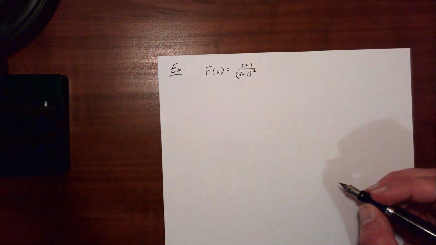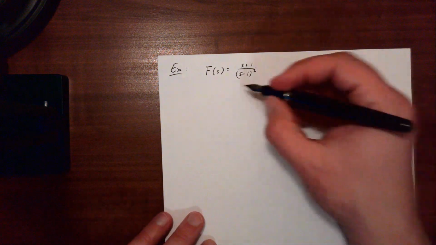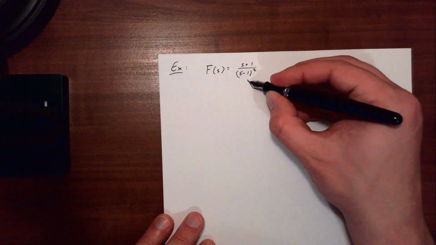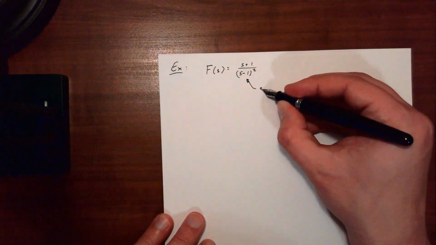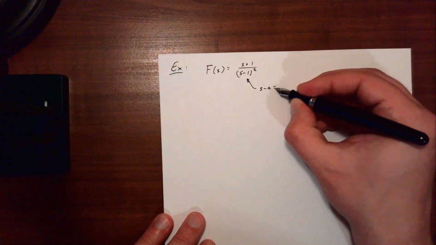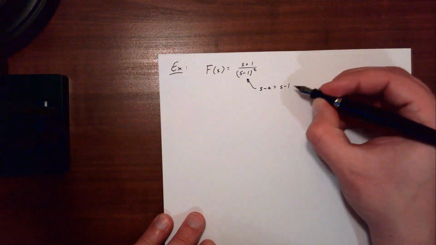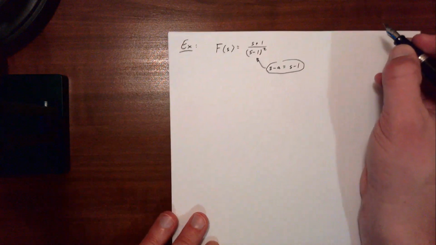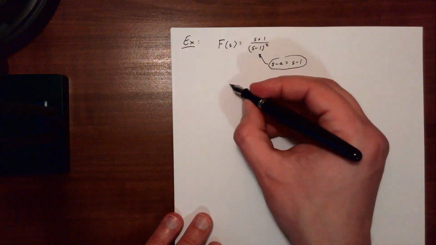Okay, so here we can see an s minus something, which is a good start. And in particular, s minus a is going to be s minus 1. All right, so we want everything to be in the form of s minus 1 instead of an s.